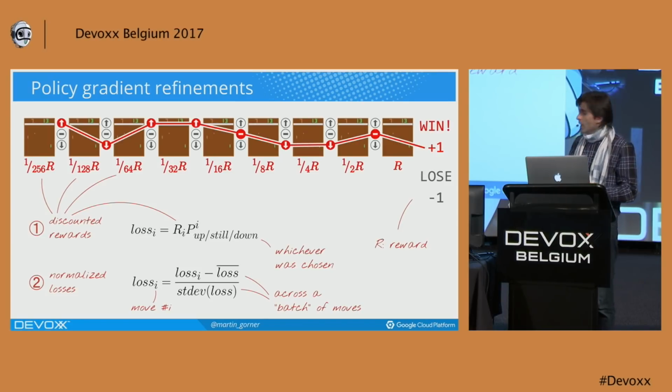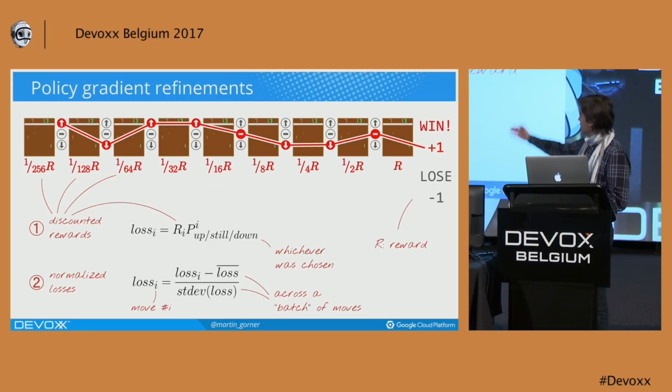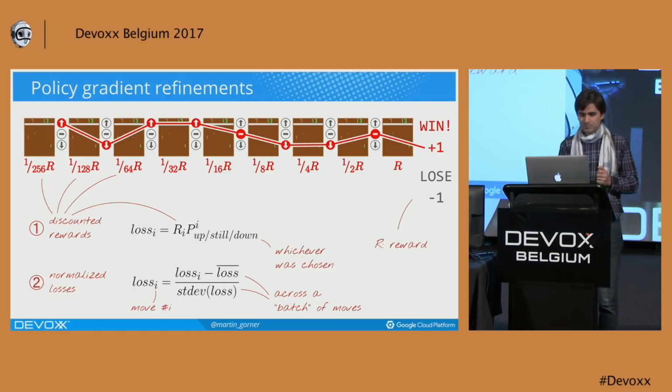And here I simply simplify this loss. It's exactly the same formula, but you realize that the sampled move is a vector that contains 1 and 2 zeros, so this formula always simplifies. You always keep only one of those 3 terms in the sum, and it ends up being the reward at some step multiplied by, at that step, the computed probability of up, still, or down, whichever you chose at that step.